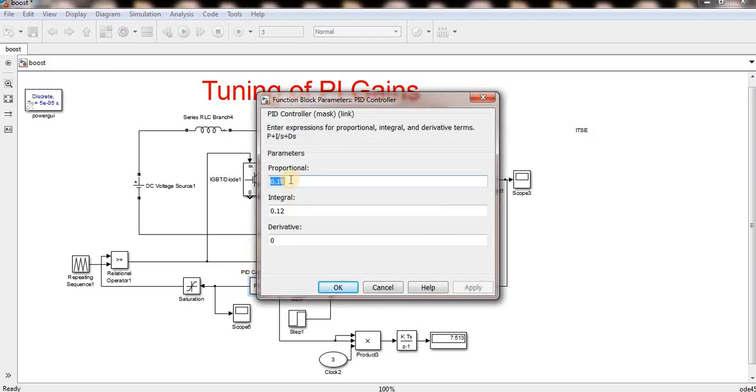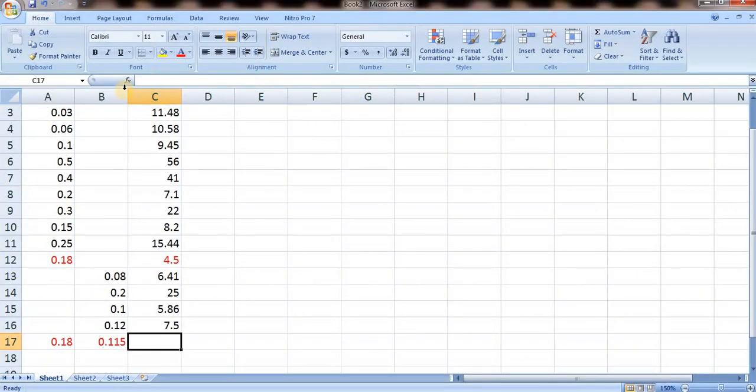Kp may be 4000 or 5000, or 2000 or 3000, or 200 or 300, for kp and ki. Let us assume how much time it will consume to tune the kp and ki properly. So actually it is a time-taking process, but it is the best process and the easiest method to tune the kp and ki.